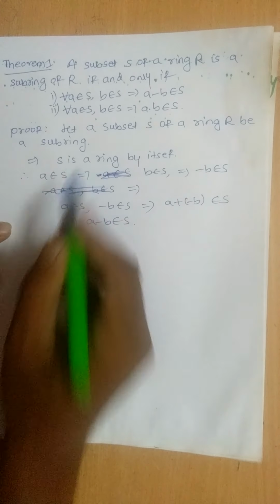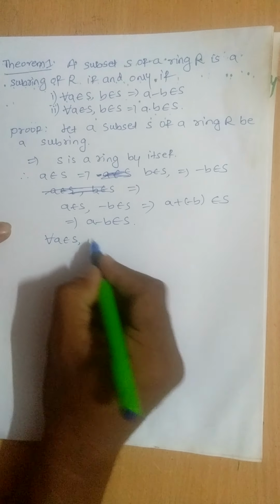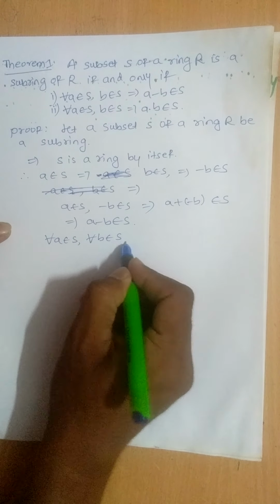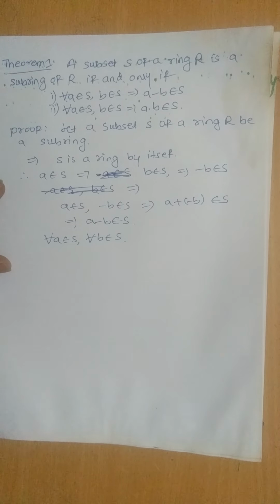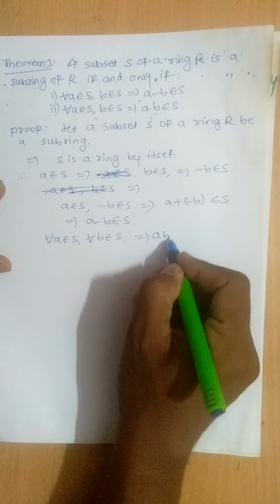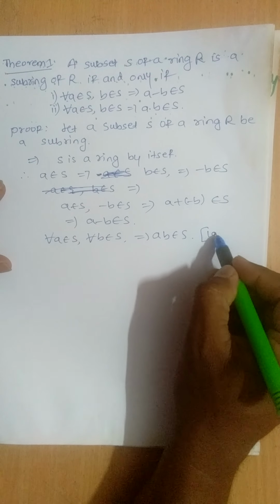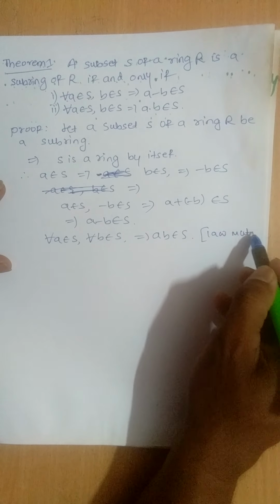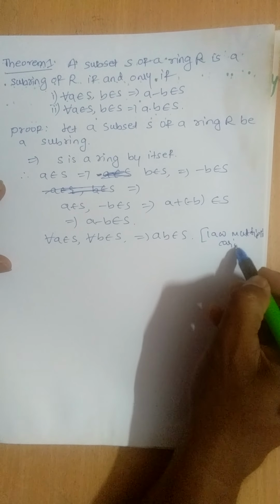Now similarly take the second one. For all a belongs to S and for all b belongs to S, it implies ab belongs to S, because S is a ring, so the law of multiplication holds true.